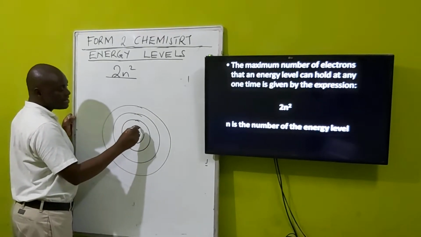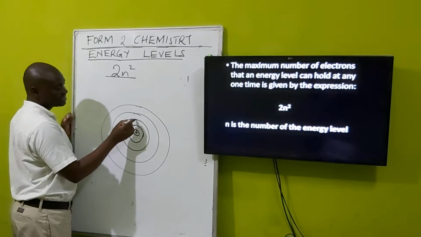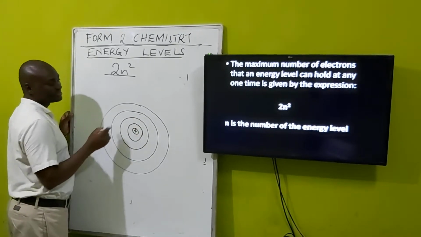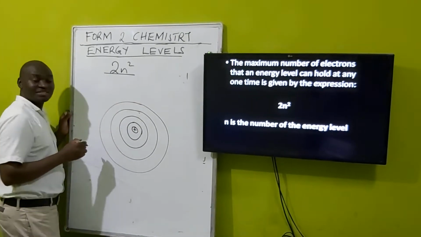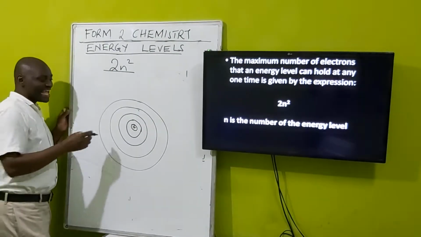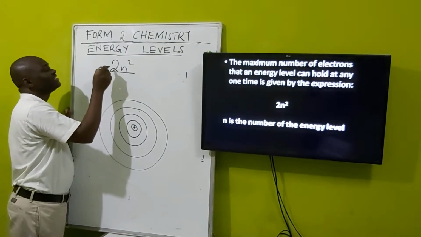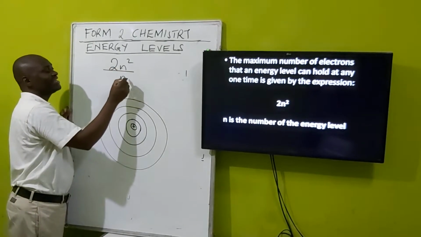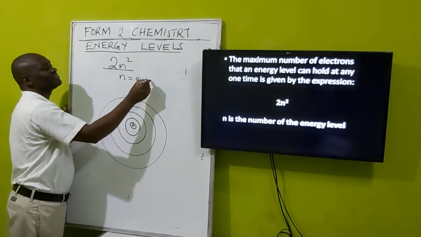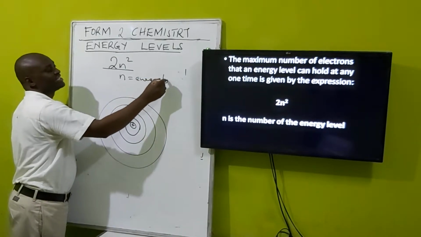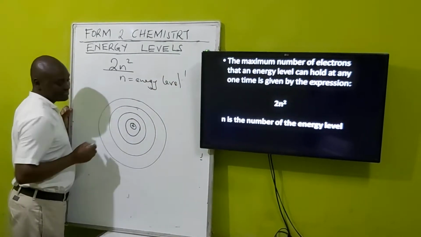So the number of electrons found in any of these energy levels is given by 2n squared, where n is the energy level we are talking about.